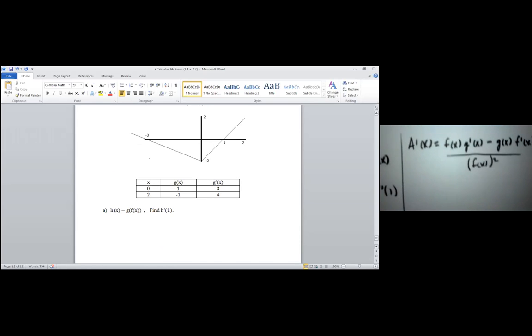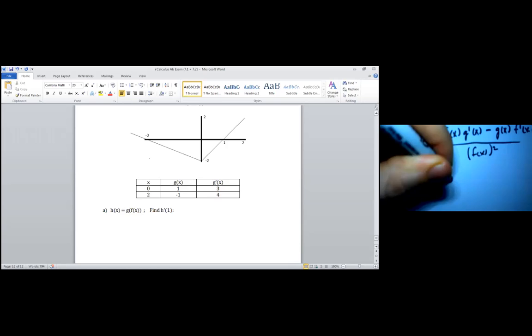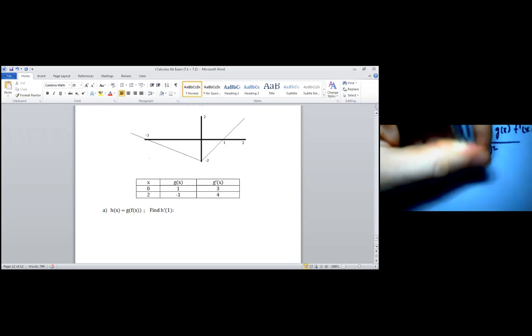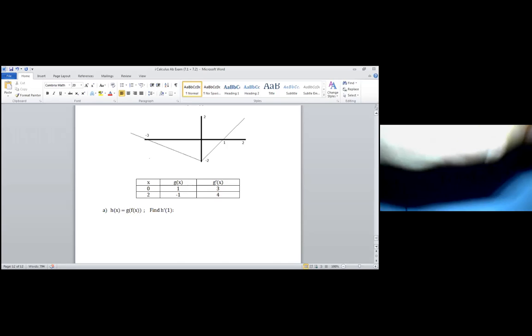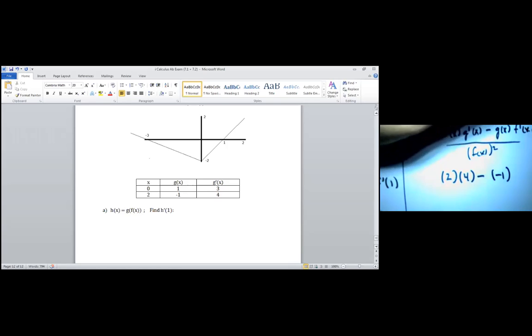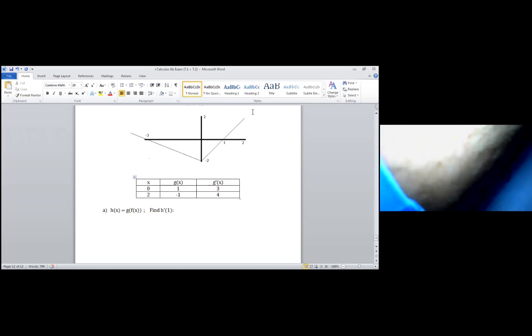F of 2 is 2. G prime of 2 is 4. G of 2 is -1. F prime of 2, that still lands on this line, guys, right?